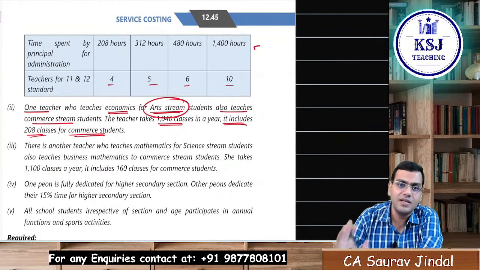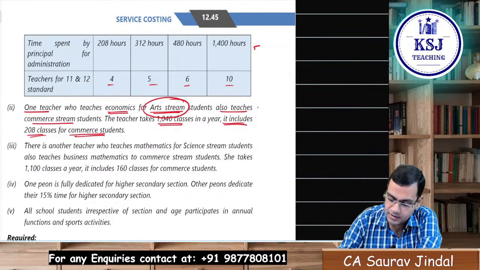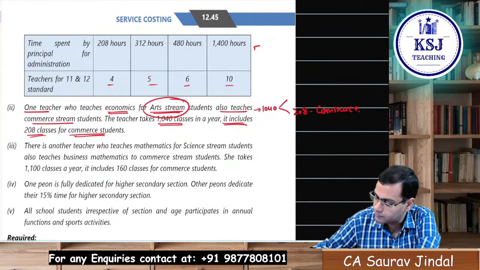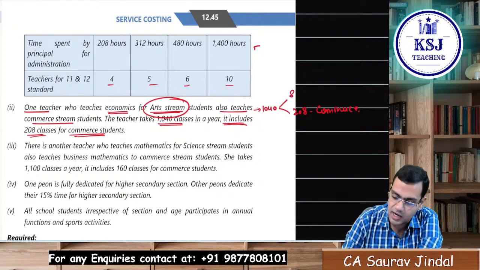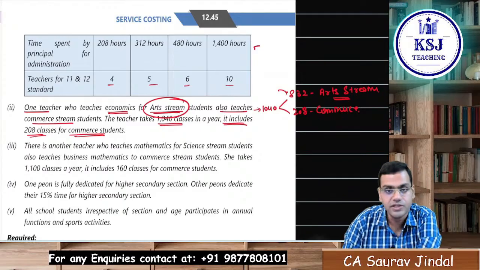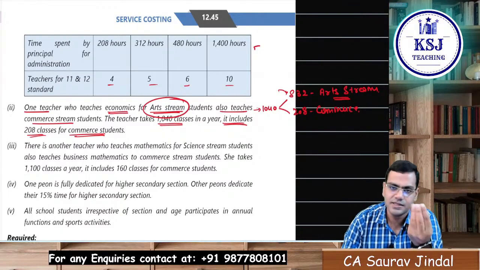The main salary is for the art stream, but out of total 1040 hours, it is giving 208 hours for the commerce stream also. So that means 1040 minus 208, 832 hours are for art stream. The major part is there for the art stream, and out of that some part is there for the commerce stream also.